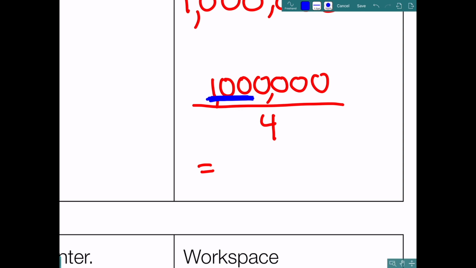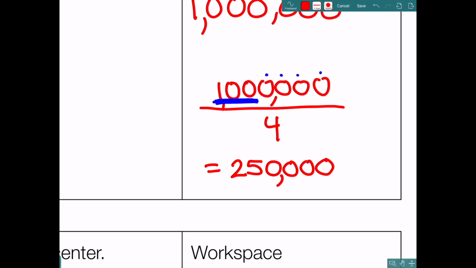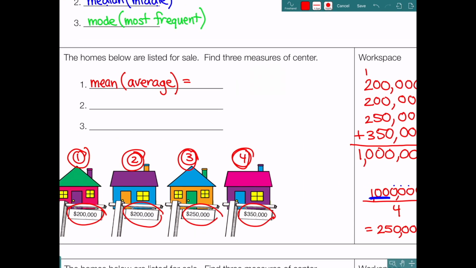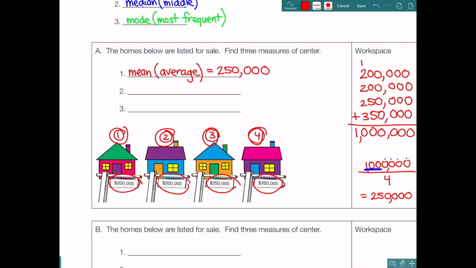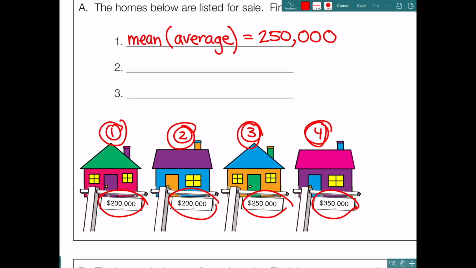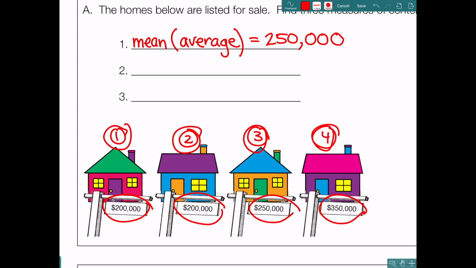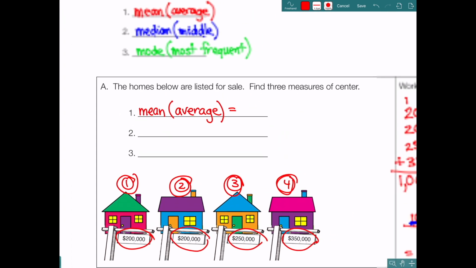Then add 1, 2, 3, 4 zeros. So the mean, or the average of all these four houses, is $250,000. If you look at all four values, the center value for these houses using the mean is $250,000.